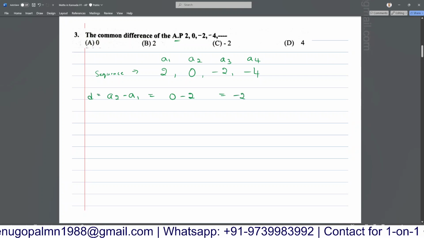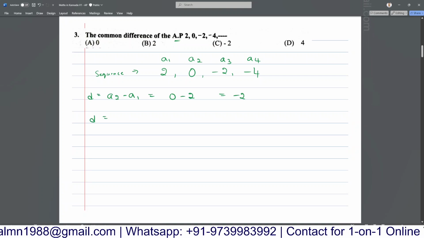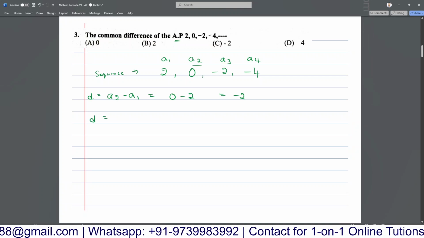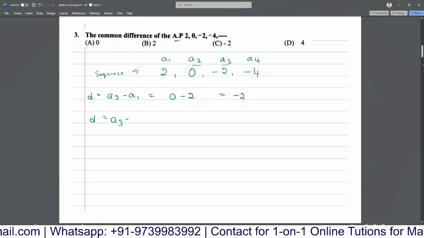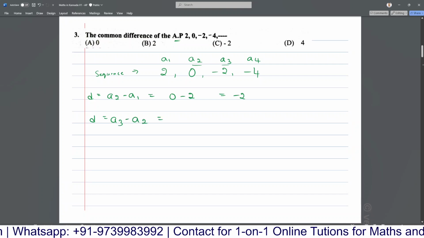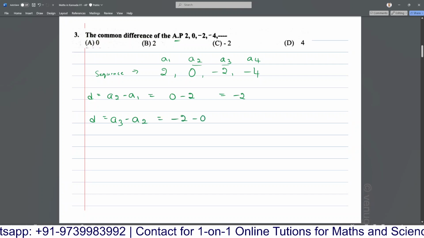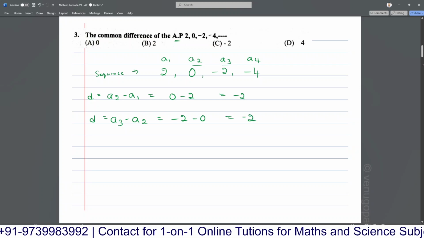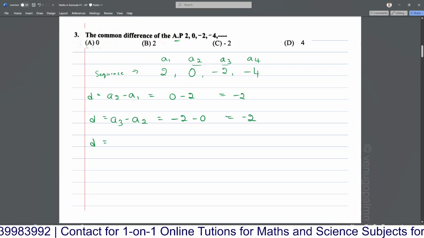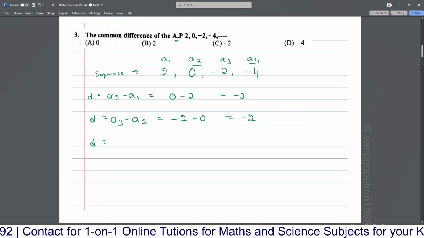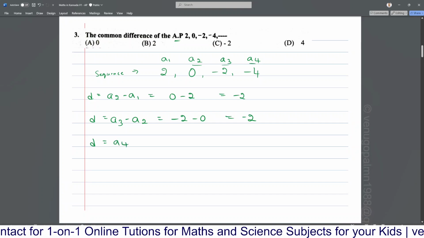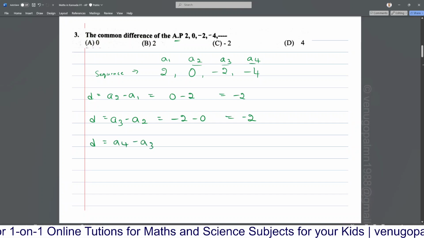minus 2. Similarly, let us check. D is equal to, you can also find the difference between A3 and A2. A3 minus A2 is equal to minus 2 minus 0, which would be again minus 2. Similarly, let us take the last two numbers in this sequence, A4 minus A3.